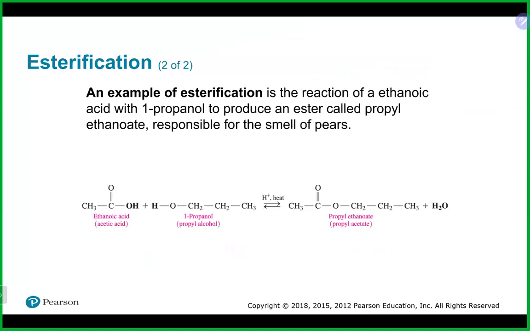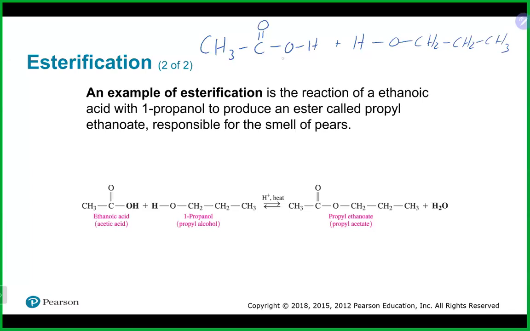So here's another example of an esterification reaction. We're going to take ethanoic acid and 1-propanol. If you had to draw these and they weren't lined up like this, it's a really good idea to turn your alcohol around so that the OH of the carboxylic acid and the HO of the alcohol are lined up.